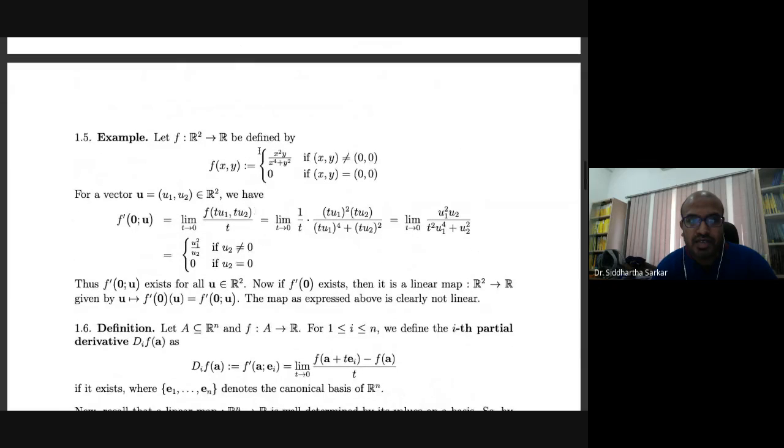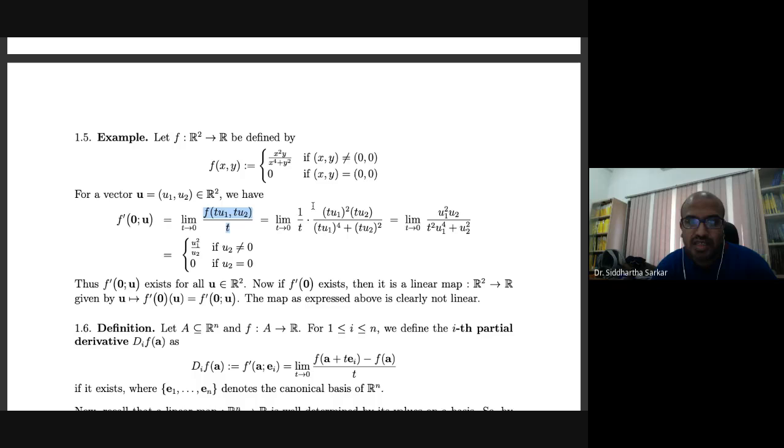You again take a function from R2 to R, and define it by x square y by x power 4 plus y square, in case it is not at the origin, and 0 at the origin. And then again you compute the directional derivative along any arbitrary direction (u1, u2) at the point 0.